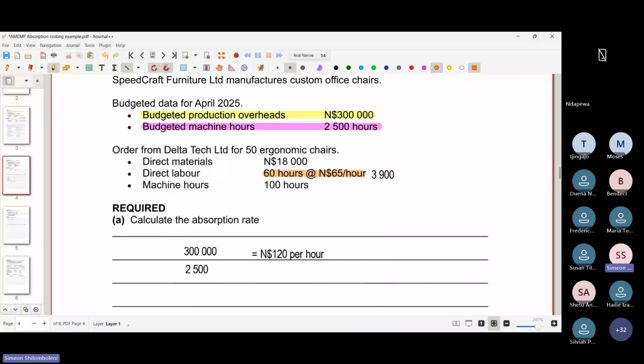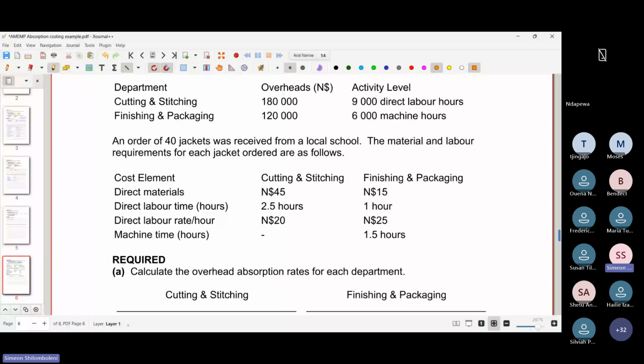The labor is going to cost us how much? For these 40 jackets, it's going to cost us $45 per jacket. Each jacket will take 2.5 hours in the cutting department. And each jacket will take $20. The person who is doing the jacket, you need to pay that person $20.